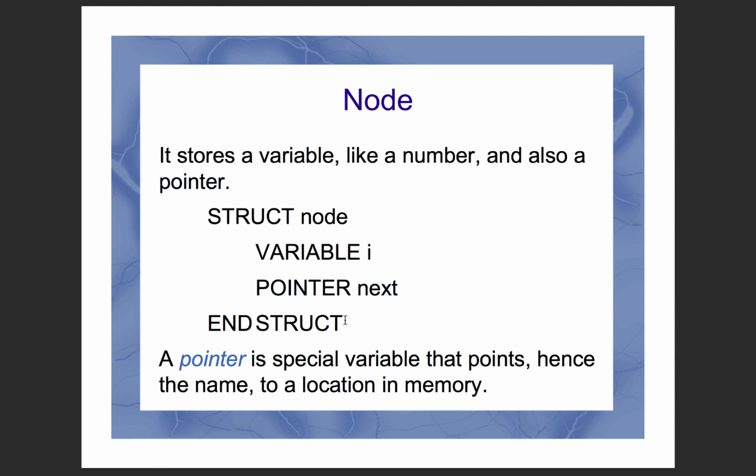So this is the difference. Otherwise it's similar to the structure. You can see that struct node is the name, and it contains two members, variable i and pointer next. Variable i probably contains some integer, and next is a variable name, of pointer type, and it contains the address of the next variable or other variables.